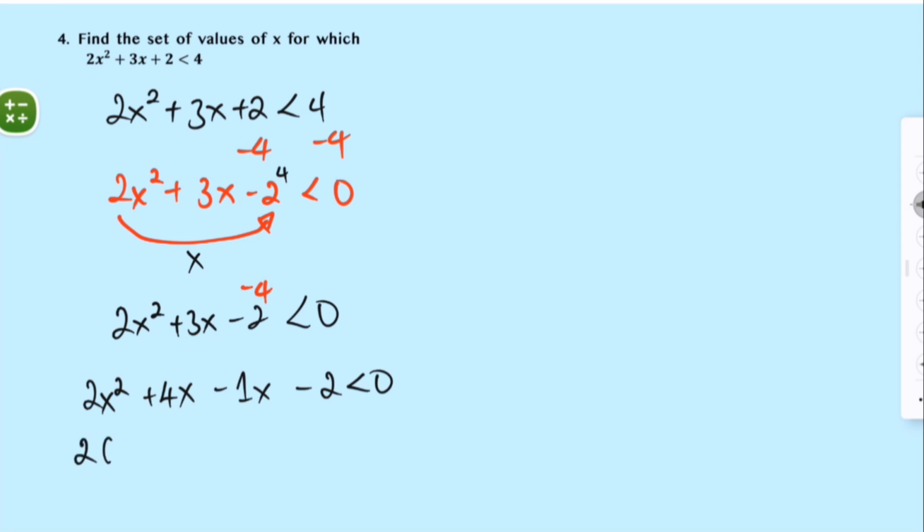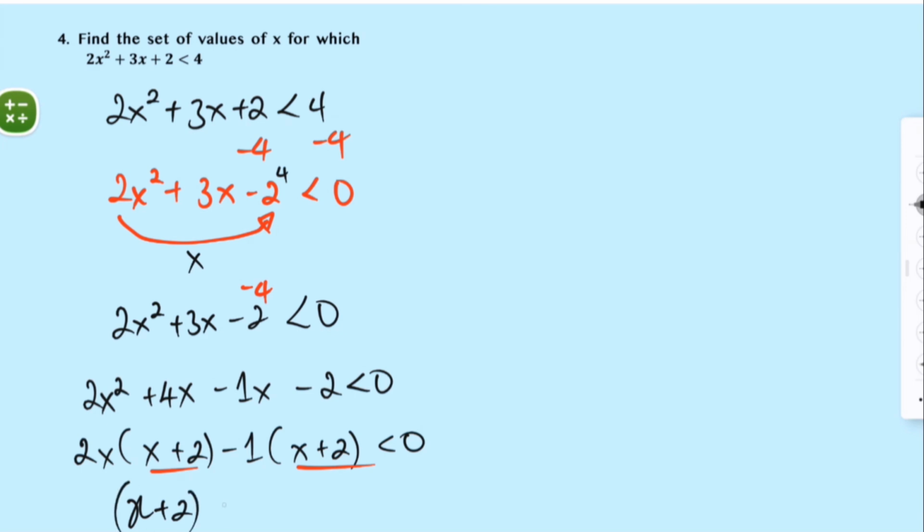Then I'm just going to factorize 2x here. x plus 2 would be left over. I can factorize -1 here so that x plus 2 is still left over. Keep in mind we have to make sure these internal ones are the same. Okay, then we factor out the x plus 2 and we have 2x minus 1 less than 0.